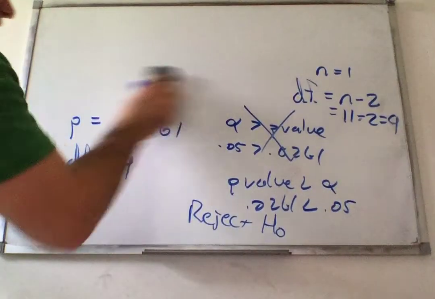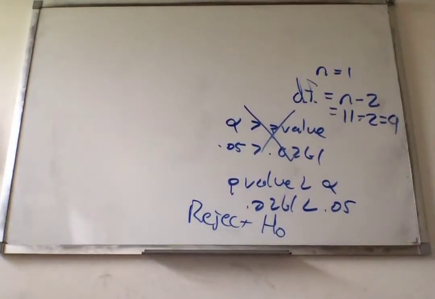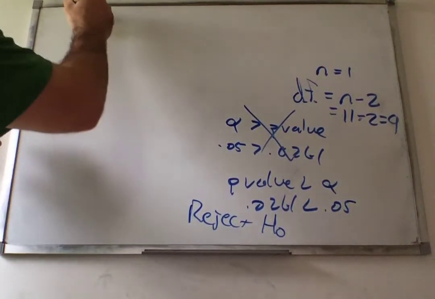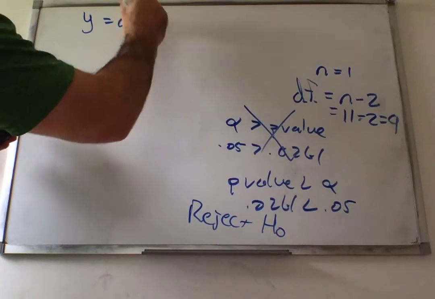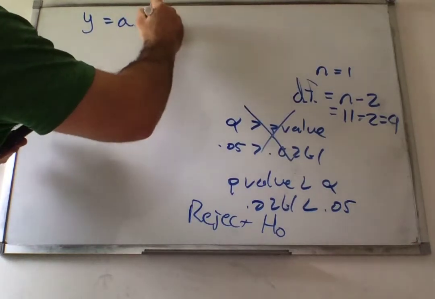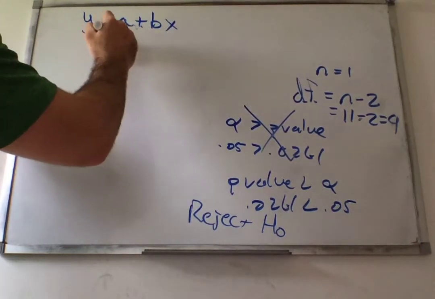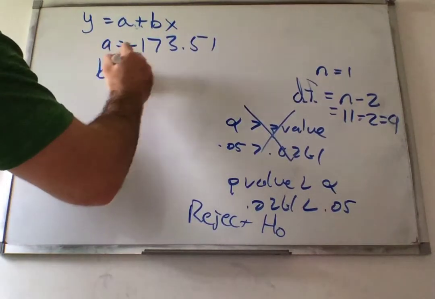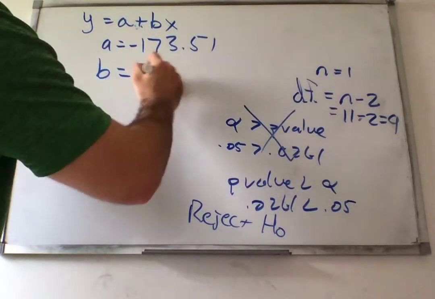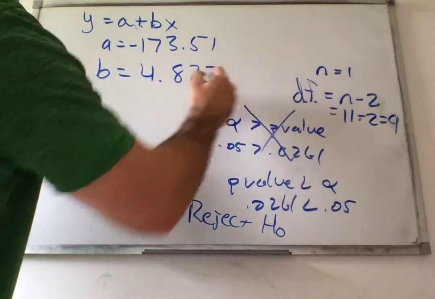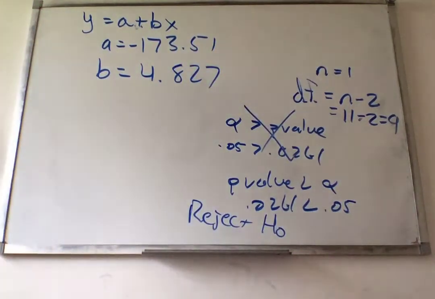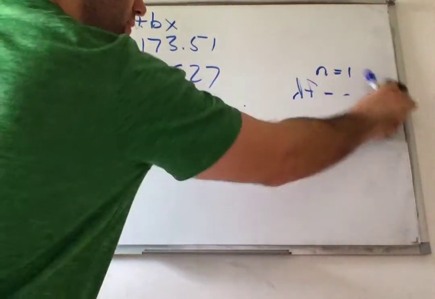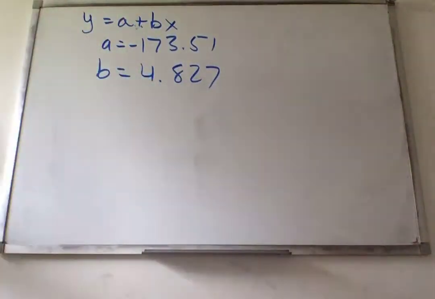Let me write the equation up here. a is equal to negative 173.51. b is equal to 4.827. We can use that equation to predict y values, okay?